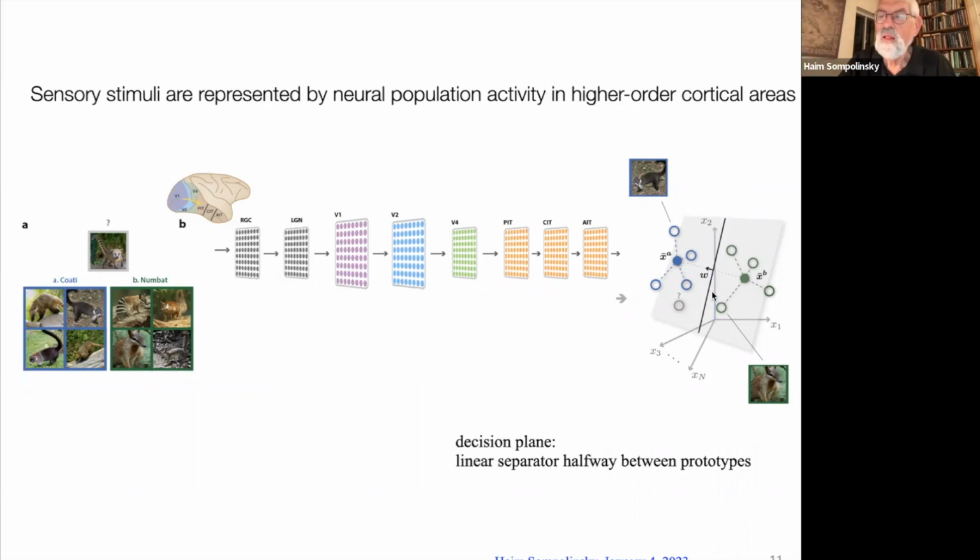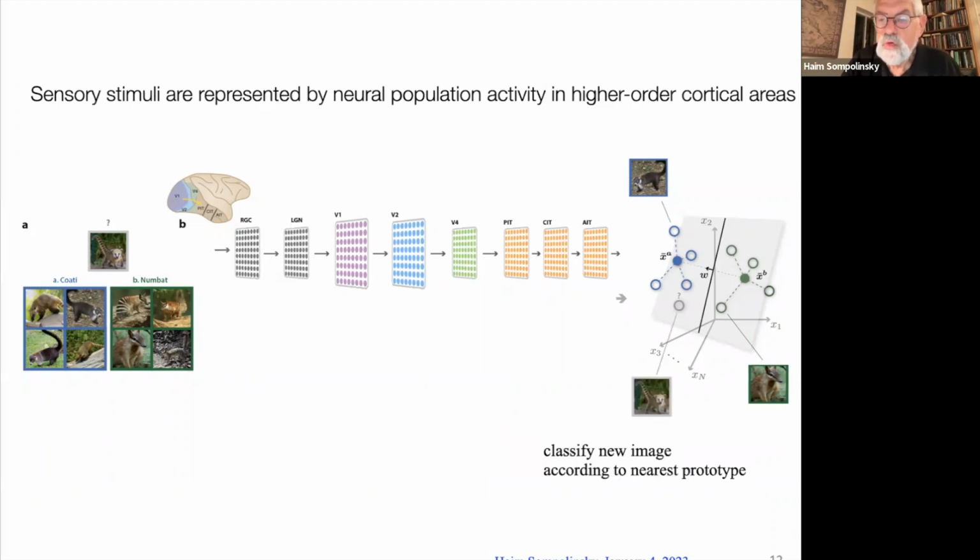You can think about it in neural language as a hyperplane perpendicular to a linear discriminator vector W. It bisects the displacement vector between the 2 prototypes orthogonally, and everything on one side of the hyperplane is classified as A, and everything on the other side is B. Very simple, and that's the way we are implementing the prototype idea in a concrete neural algorithm.